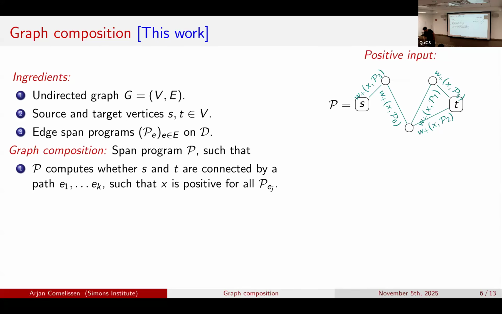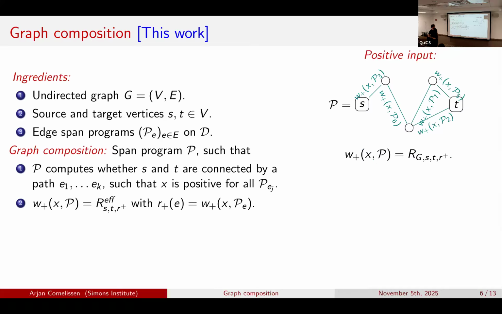Now I'm going to put the witness sizes on all of these edges, and then compute the effective resistance in this graph between S and T, where the individual resistances are the positive witness sizes of the sample.